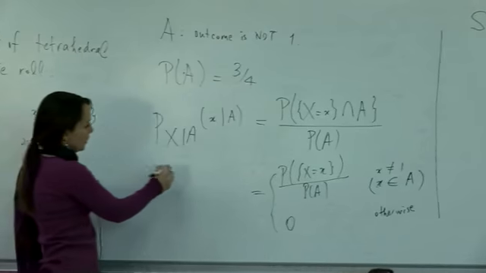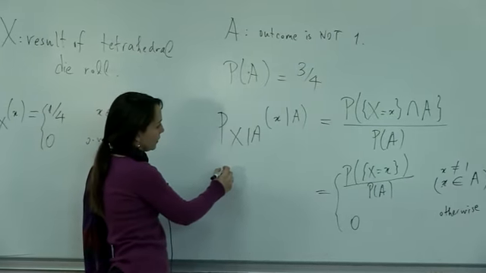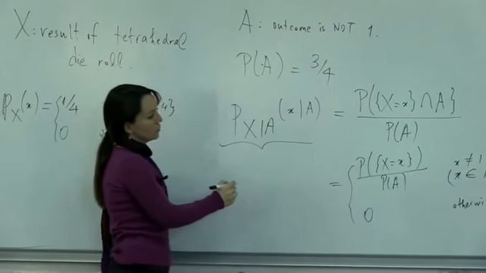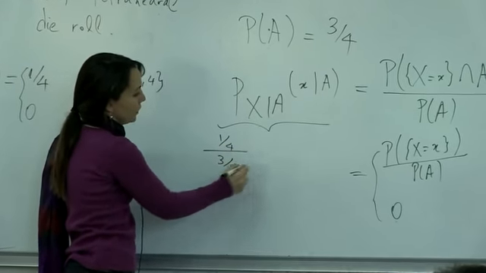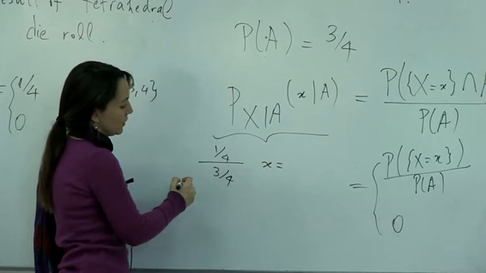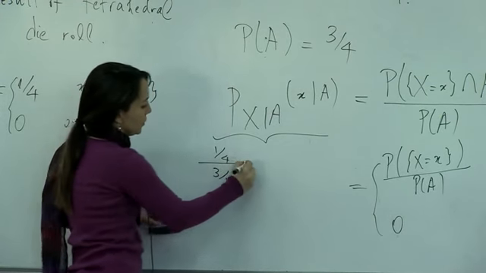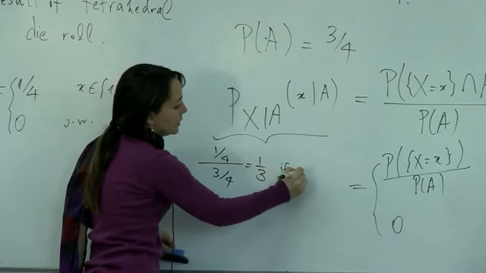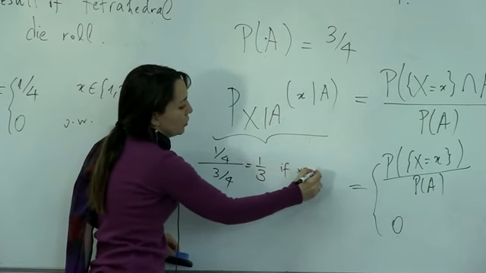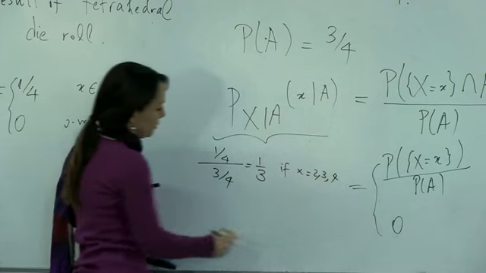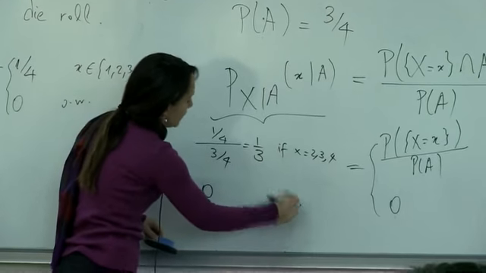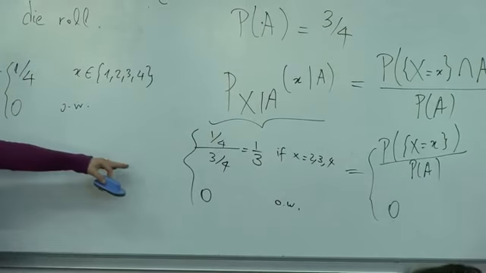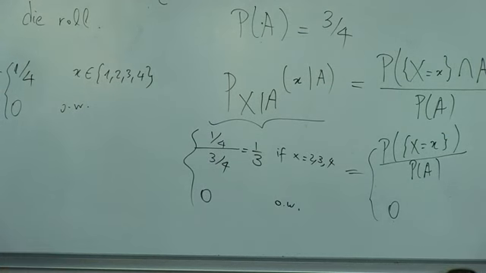So this is equal to 1 over 4 divided by 3 over 4, which is equal to 1 over 3 if x is 2, 3, or 4, and 0 otherwise. So we computed the conditional PMF of X conditioned on the event A.